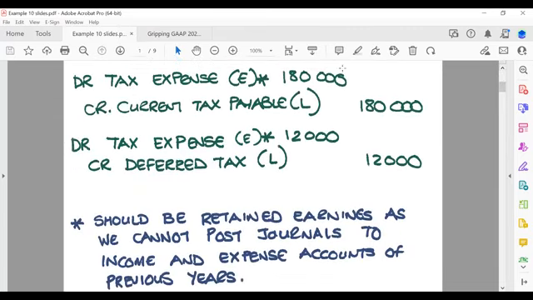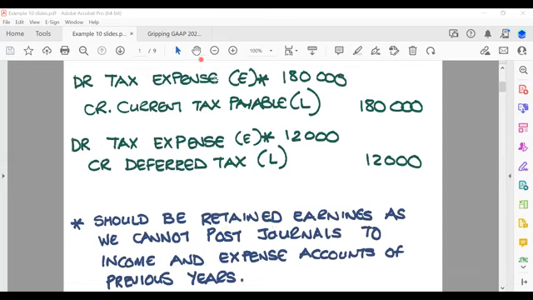So that was our current tax journal. Now we're going to look at our deferred tax journal. We would usually debit our tax expense, but we're not going to do that because this should have been closed off to retained earnings.